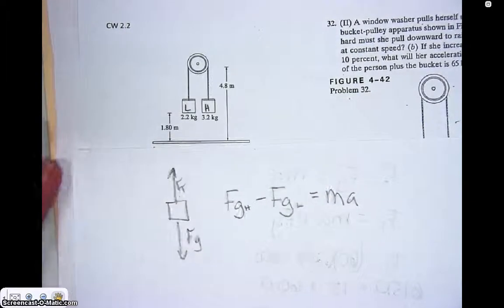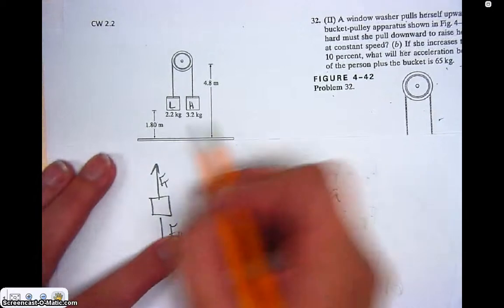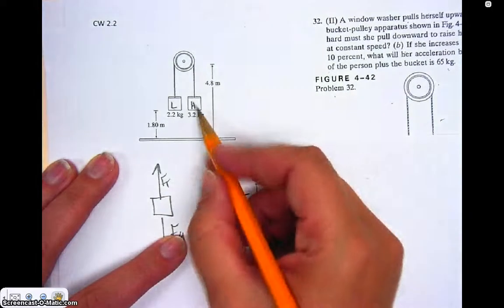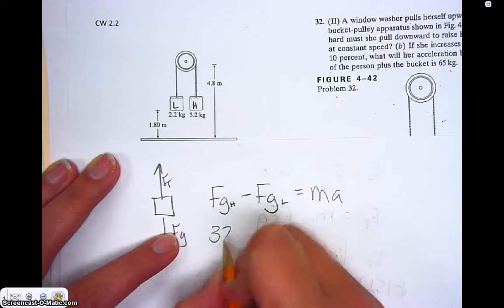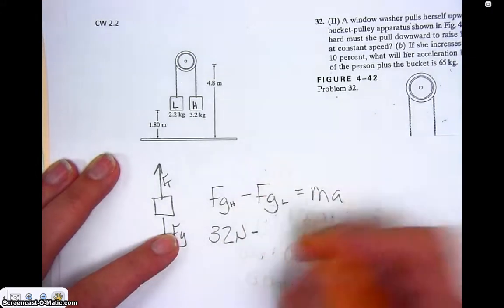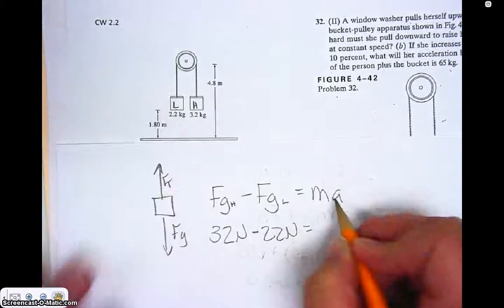Let's plug in. We know Fg is mg, so the weight of the heavy one is 3.2 times 10, so 32 newtons, minus the weight of the little one, which is 22 newtons, is equal to mass times acceleration.